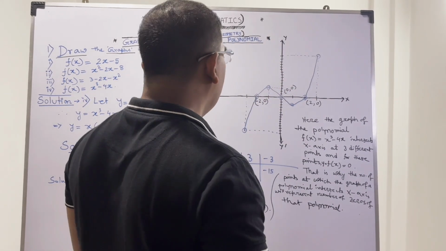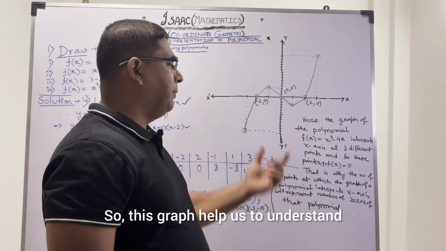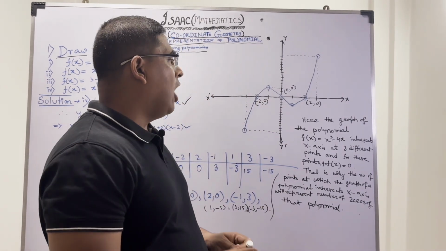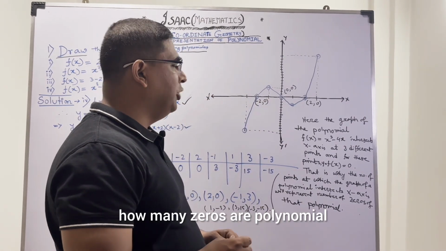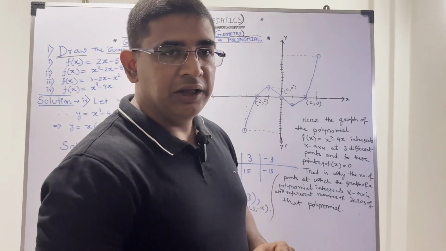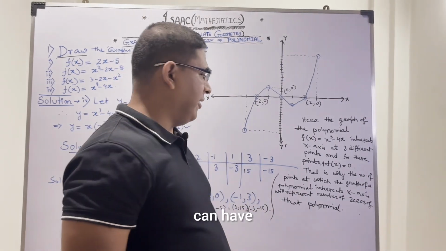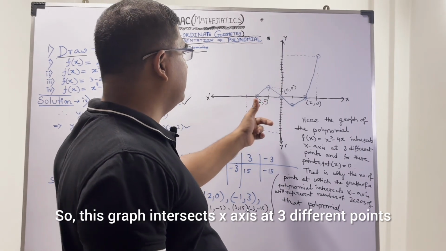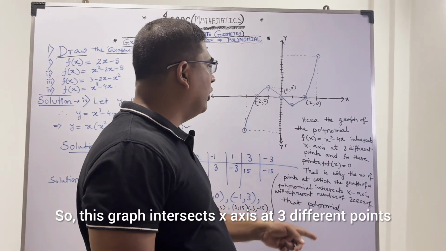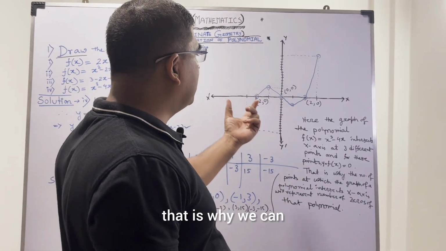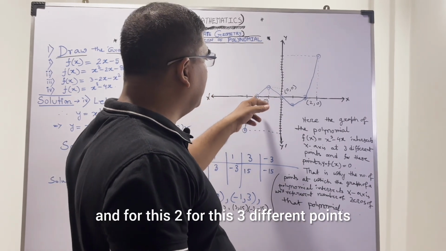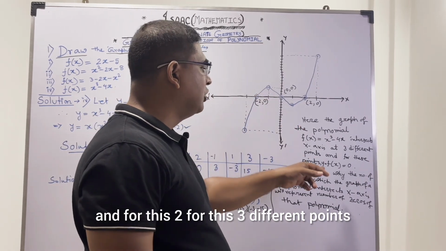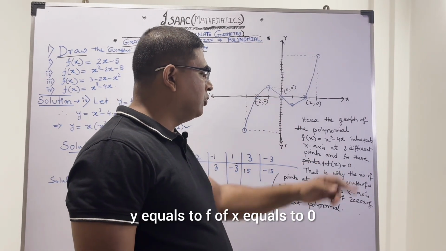So this graph helps us to understand how many zeros a polynomial can have. This graph intersects the x-axis at 3 different points, and for these 3 different points y equals f of x equals 0.